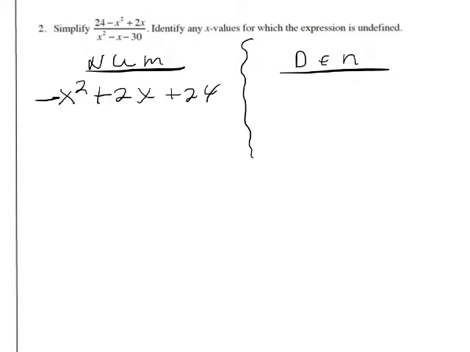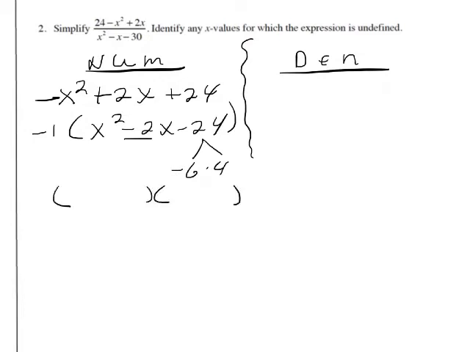For starters, I'm going to factor out a negative 1, giving us x squared minus 2x minus 24. Now I need to find what factors of negative 24 will give me a negative 2, and that would be negative 6 times 4. So my factors are x minus 6 and x plus 4, and I bring this negative 1 down there just like that.